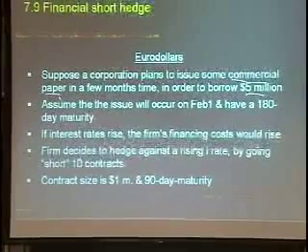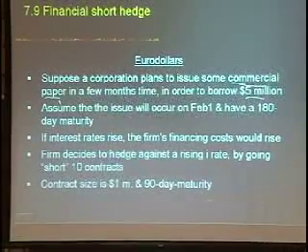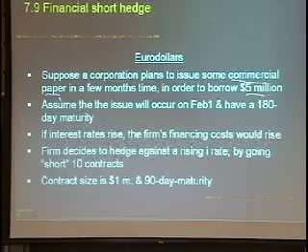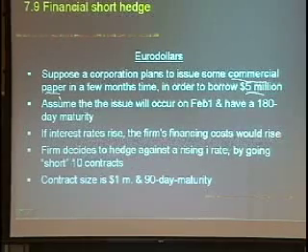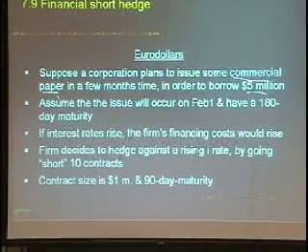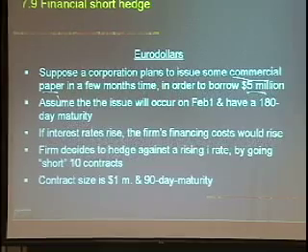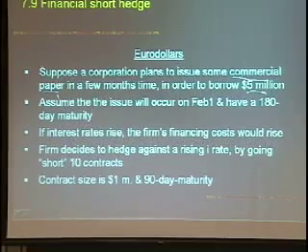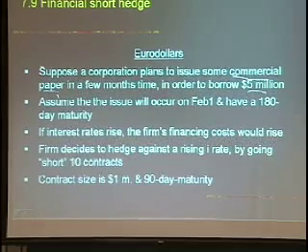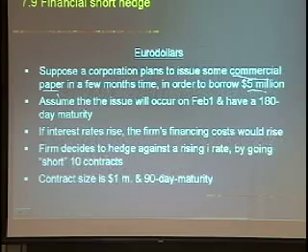Just like the government issues treasury bills or treasury bonds, it's possible for commercial firms to, quote, issue paper, which is basically a fancy way of saying they're borrowing money and issuing a promissory note.